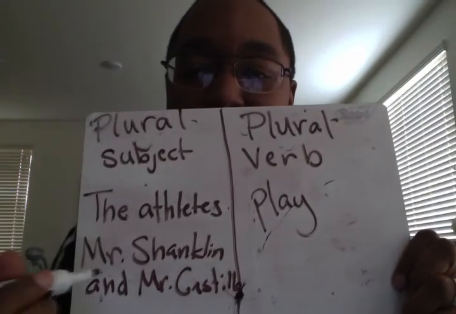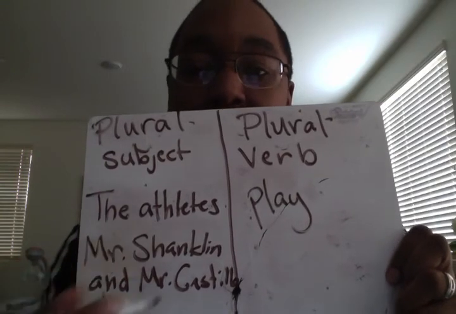Now let's try another one. Plural subject. Let's go with teachers. So let's say I have more than one. Let's say my plural subject doesn't have an S on the end, but I'm still showing that I'm talking about more than one. So let's say Mr. Shanklin and, you guys know who I'm going to say, Mr. Castillo. I can't fit the whole thing in there, but even though this does not have an S on the end, I am obviously talking about more than one, right?